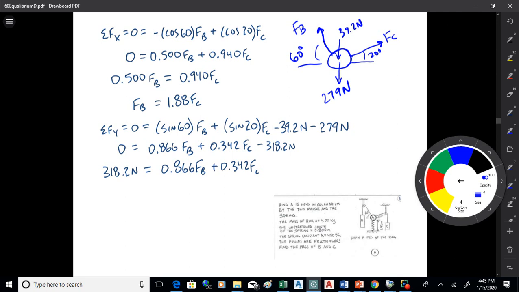So I can generate a little bit more complex sum of Fy. That'll be sine of 60 FB up, positive, and then sine of 20 FC up, positive, minus the weight and minus the spring force.